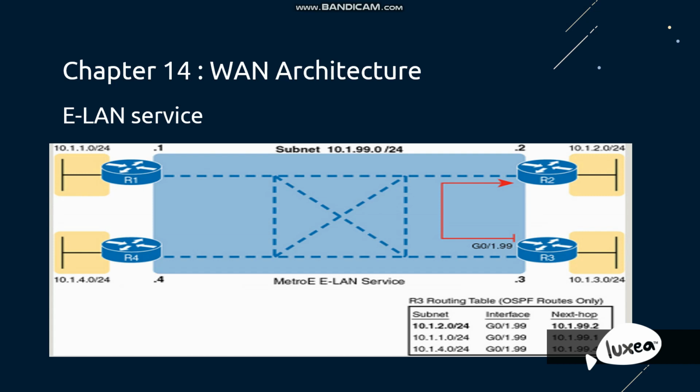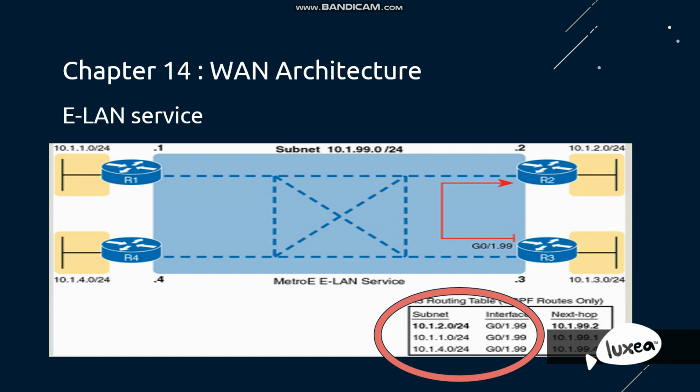Okay, there are so many concepts of Metro Ethernet, so I will move on to the layer 3 structure with ELAN service. I love numbers in network class, like this: routing table, interface, subnet, yes. So in this picture, layer 3 forwarding between sites with ELAN service. When we see the subnet, router 2's subnet is 10.1.2.0 and others.